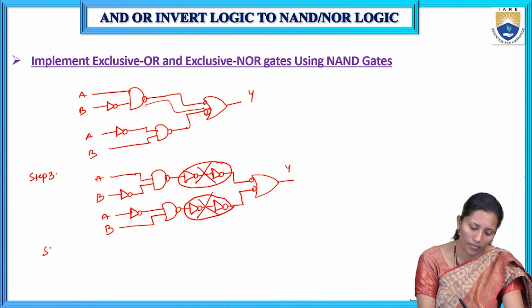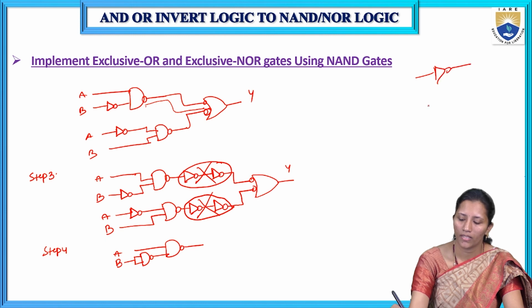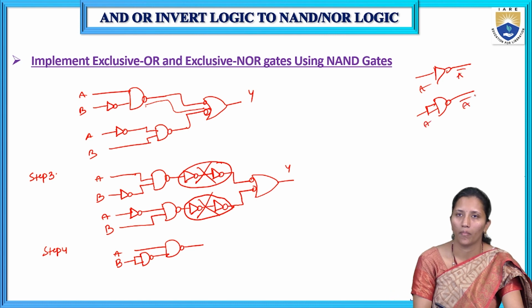So in step 4, the inverter also we have to represent in terms of NAND gate only. Here this is the inverter. The inverter we can represent in NAND gates. This is A bar. Here also we are going to get A bar.